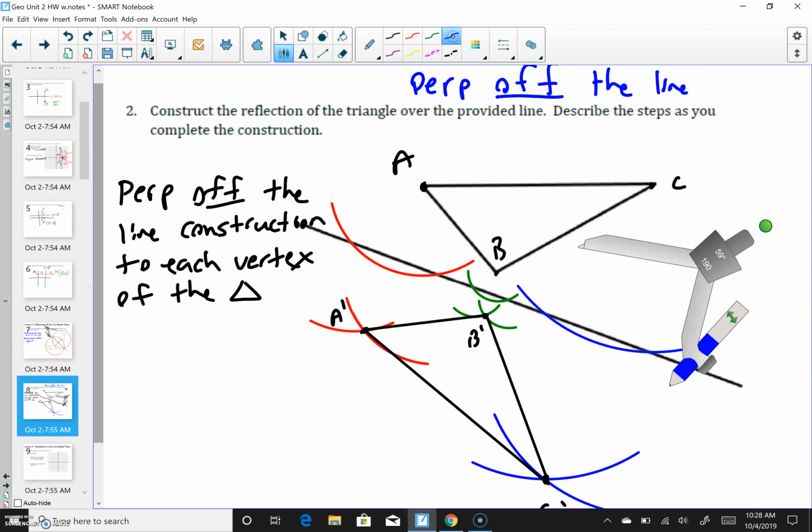And just a little side note that I'm going to add in here. The question doesn't ask this, but remember, triangle ABC is congruent to triangle A prime, B prime, C prime.